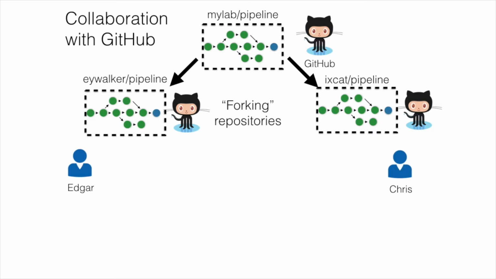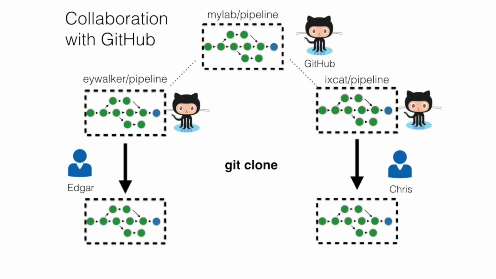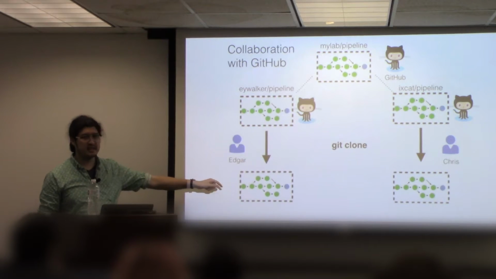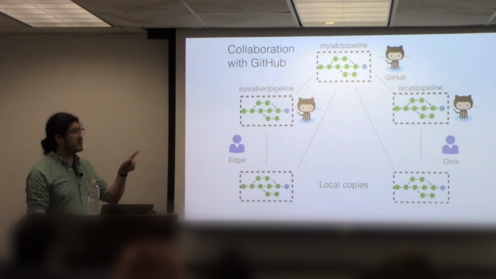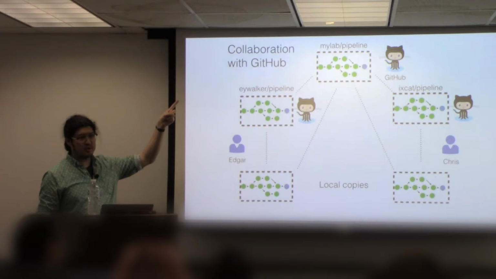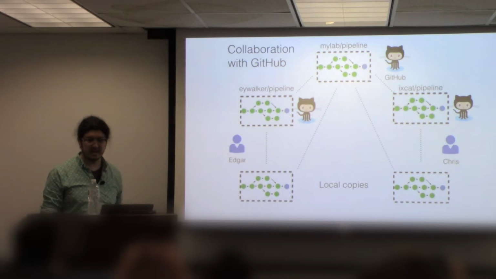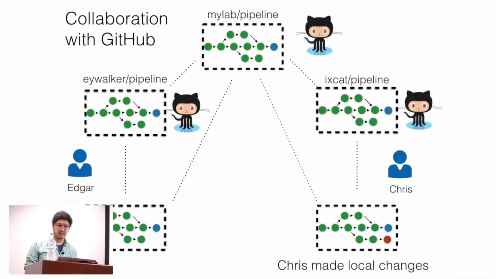Now this still lives all on GitHub. Now I can clone this repository to bring it to my local machine. So this last copy is on my laptop. Everything is in sync, because I started with the original, forked it, and then cloned it. Everything is in sync with what's called the upstream, the very top source.